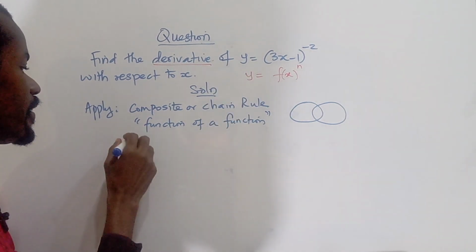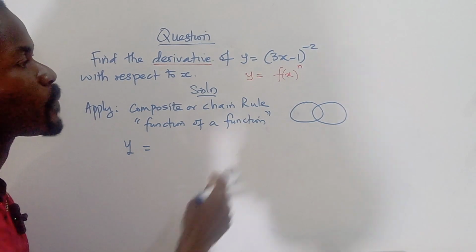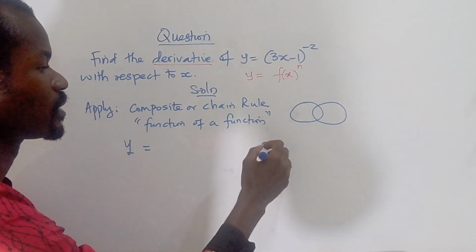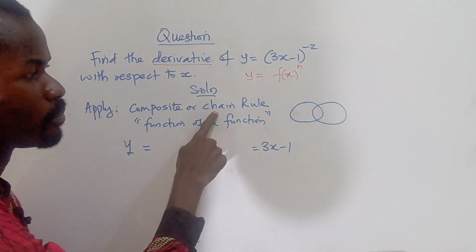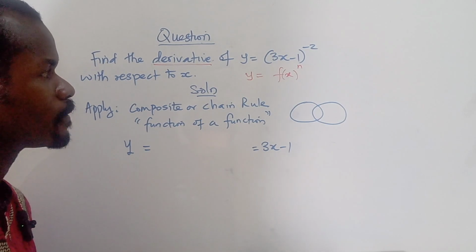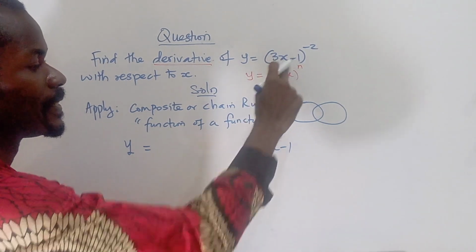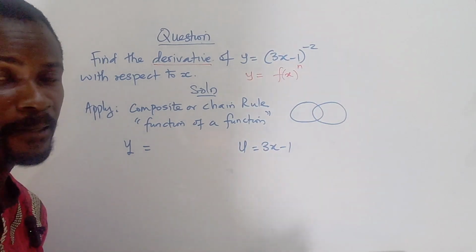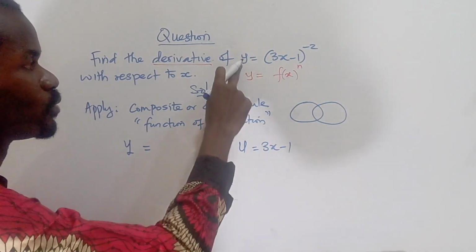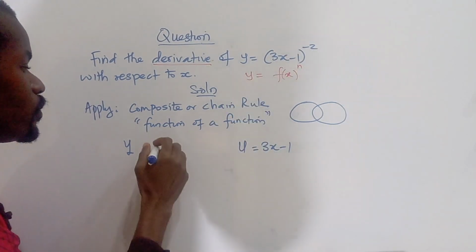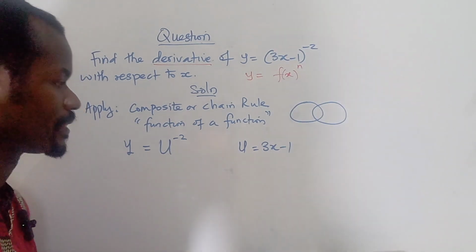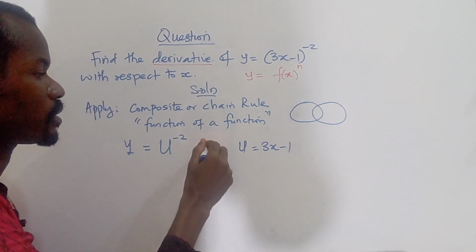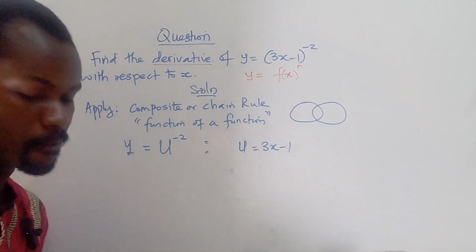I have y equals, and all this is 3x minus 1. Now let me form the chain. The first thing I want to do is make this u. If I make this u, then y equals u raised to the power of minus 2. I've been able to form a function of a function.